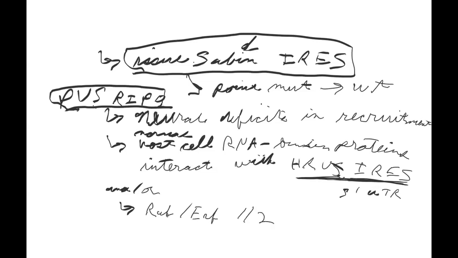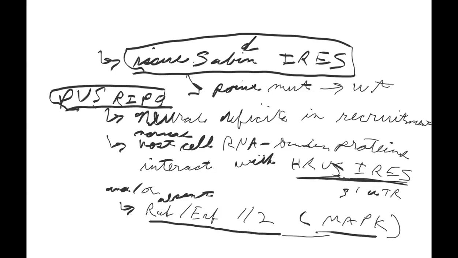This is what is called a mitogen activation protein kinase pathway, MAPK. So this is absent in normal cells. It's activated in tumor cells, but not active. It's absent in normal cells.